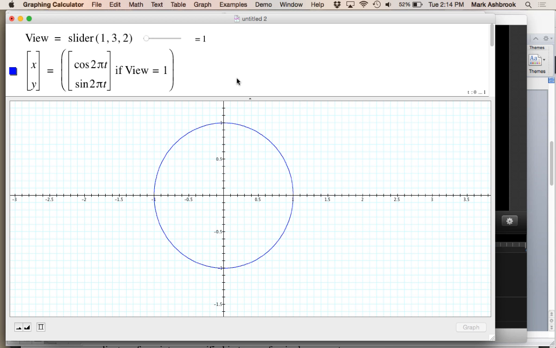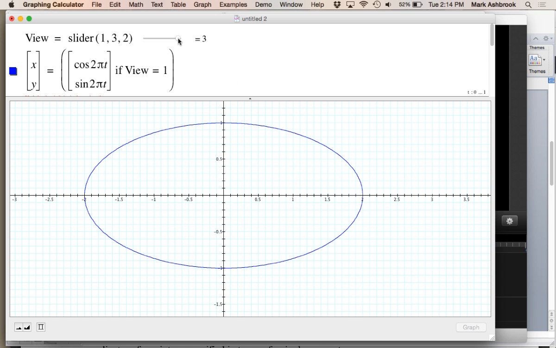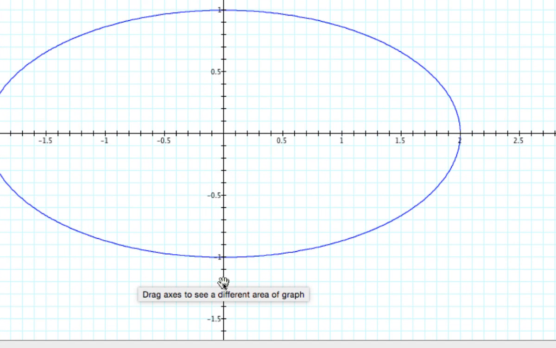Okay, so is it a circle? Hold on. Is it a circle?